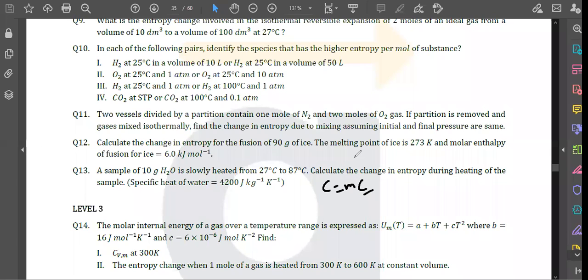So in this case, delta S is equal to 2.303, right? Now, instead of this heat capacity, we will write m into C. And again, same formula, log T2 by T1. Got it, everyone? So question number 13, you can solve like that.